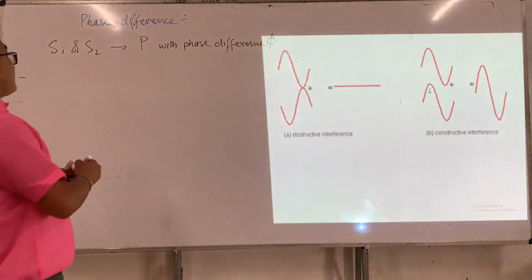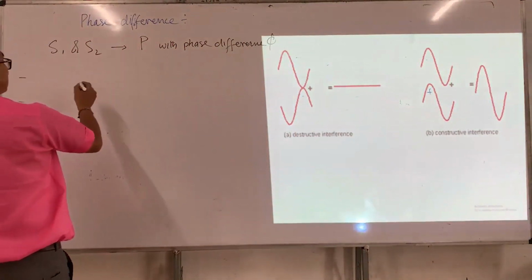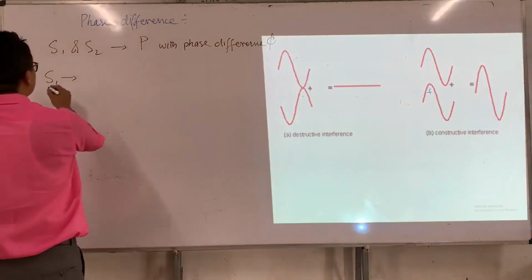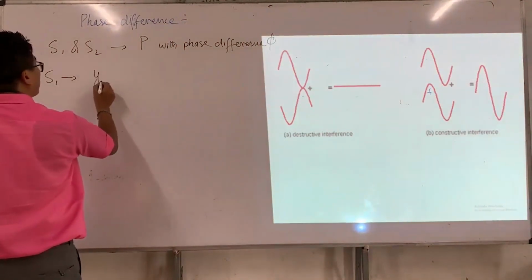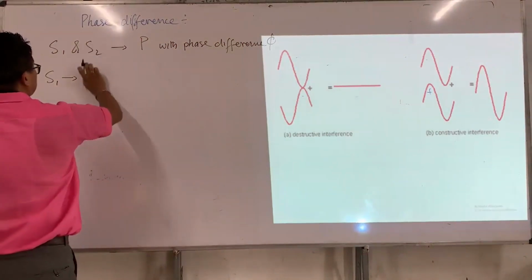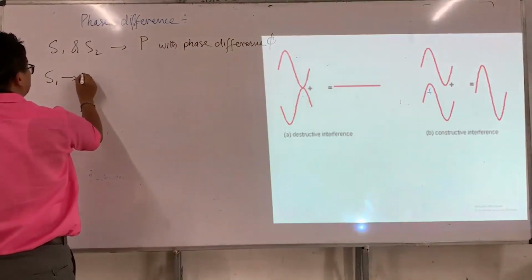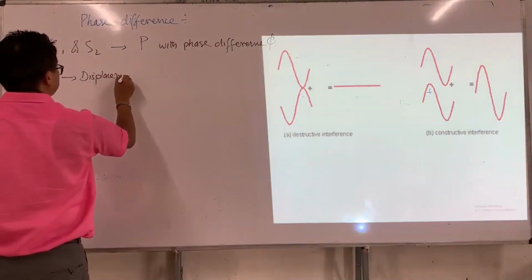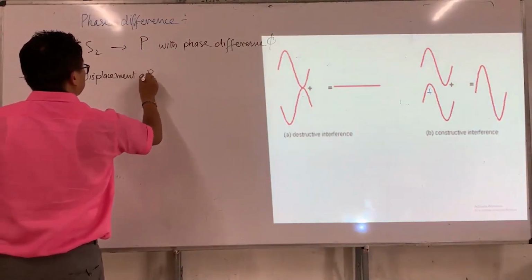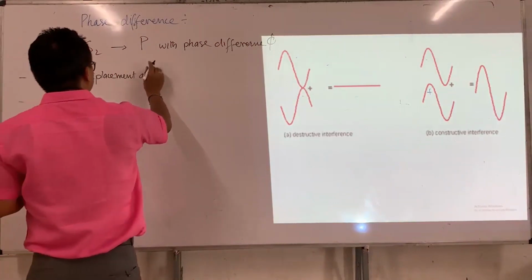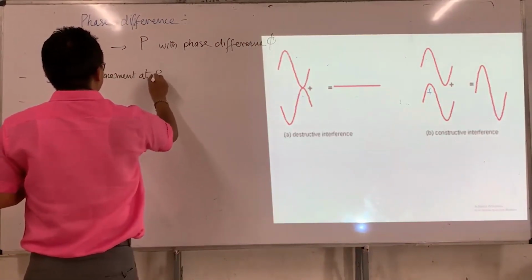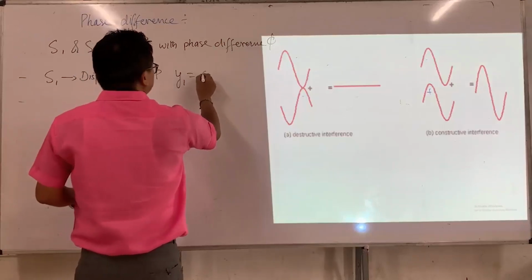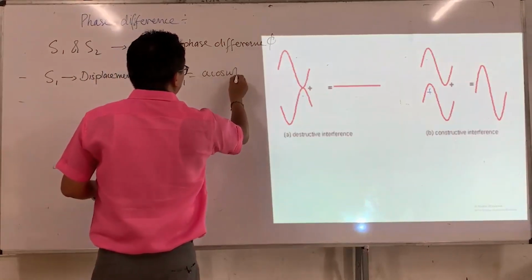So, if the phase difference is phi, then the displacement at the point P due to S1 is going to be, let's say, A cos omega t.